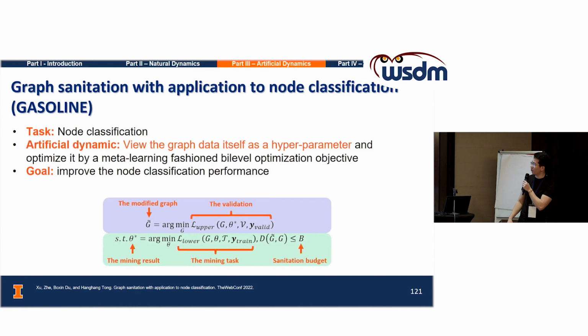We want to find an optimal graph, which is labeled as tilde G. And we have another constraint: the modified graph tilde G should not be too far away from the given graph. So we have a distance constraint, that the distance between the modified graph and the given graph should be less than or equal to the budget B, and we name it the sanitation budget.